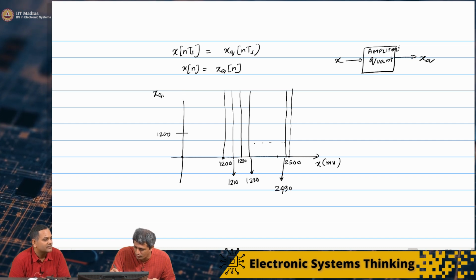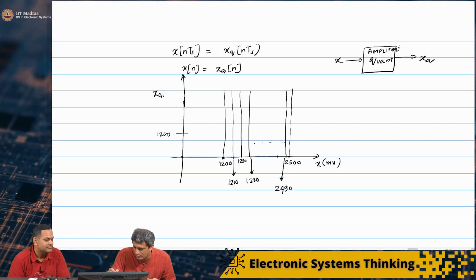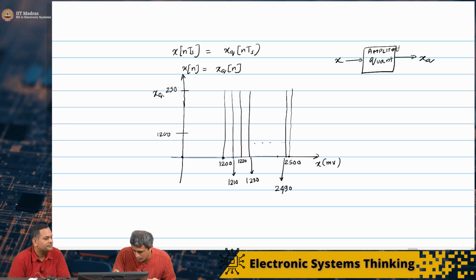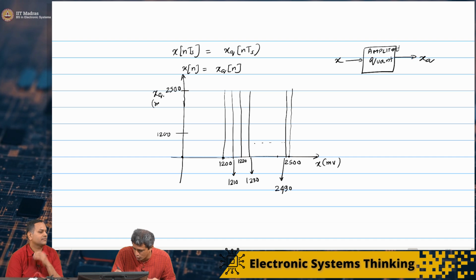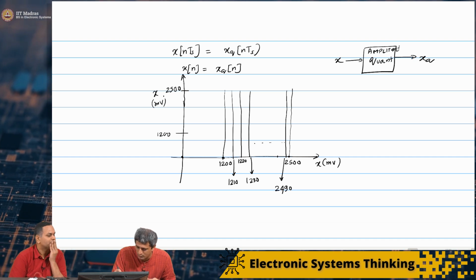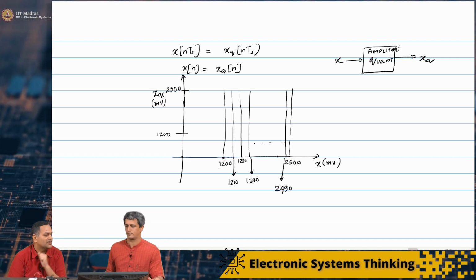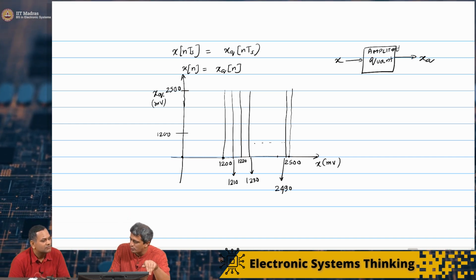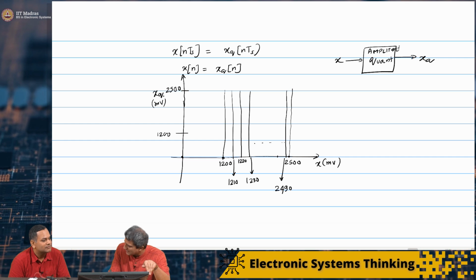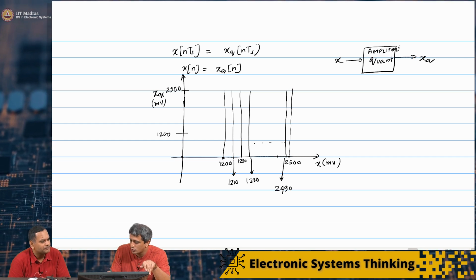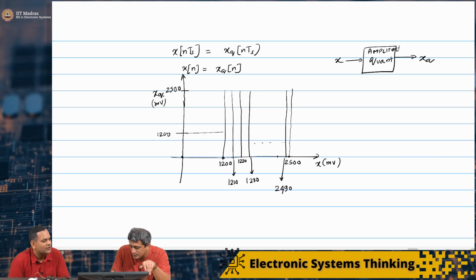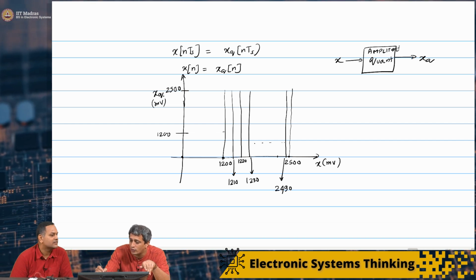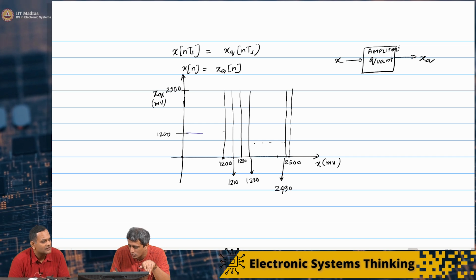I give myself a little more space. 2500, this also is in millivolt, xq. So now you're saying anything between 1200 and just less than 1210 was going to come out. Maybe we can draw it in blue to highlight the transfer characteristic.